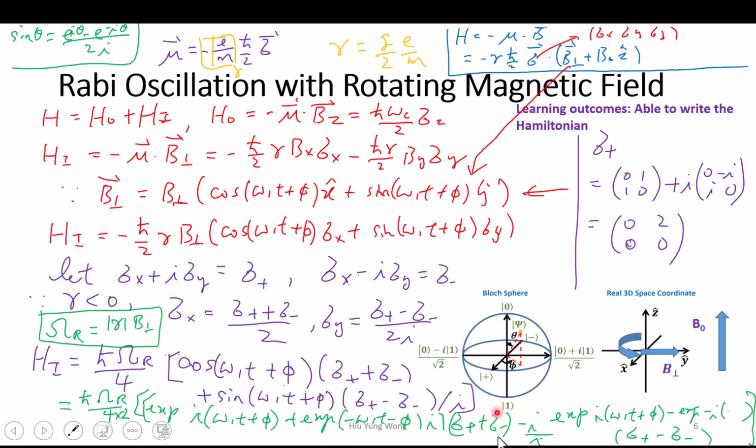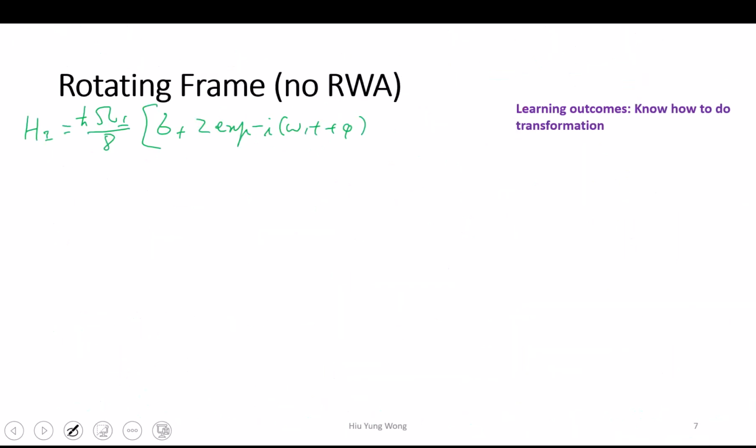Because this is minus, so I have plus here. This has a minus here, sigma minus, but then this is also minus, so I become plus, negative times negative, right? Because this is negative, so when they multiply, you become plus, right? So you will keep this term, okay? So this one is going to be plus sigma minus 2 exponential, and then the plus I term, right? I try to keep it.